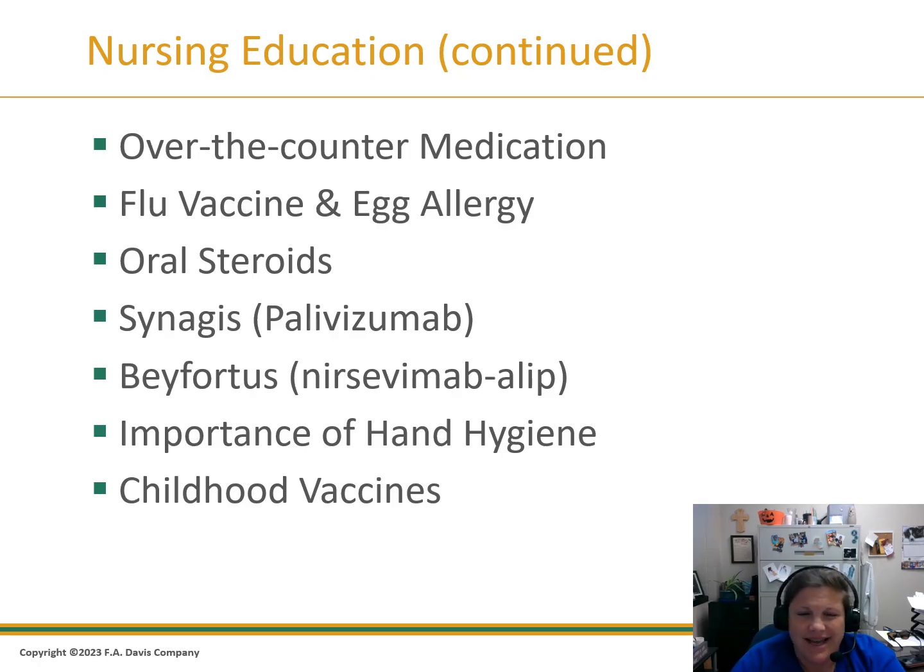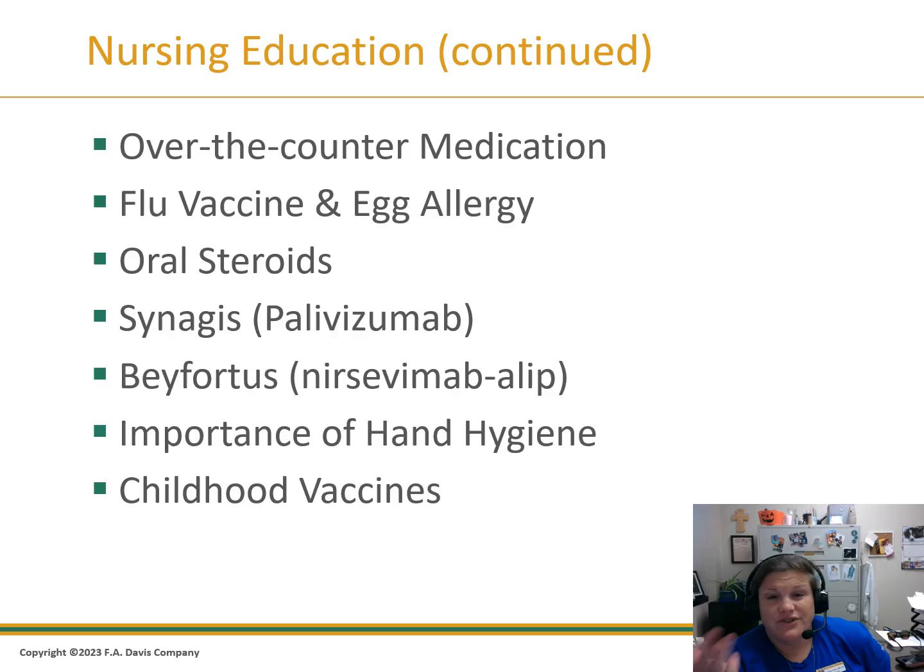So this is a recap of all of the lower airway conditions we talked about today. Kind of a recap that there are over-the-counter meds that can be effective for kids. One of those things being prophylactic or preventative measures like Synagis, Beyfortus, the one that's given for pregnant women. I don't remember its name, but I know Pfizer's the manufacturer.